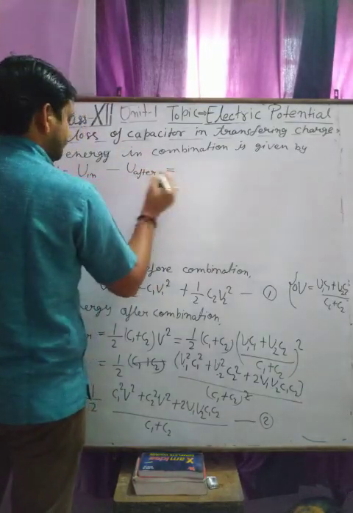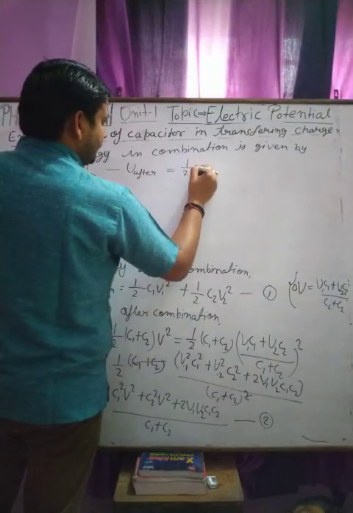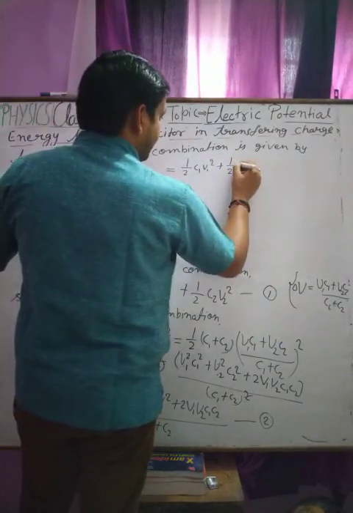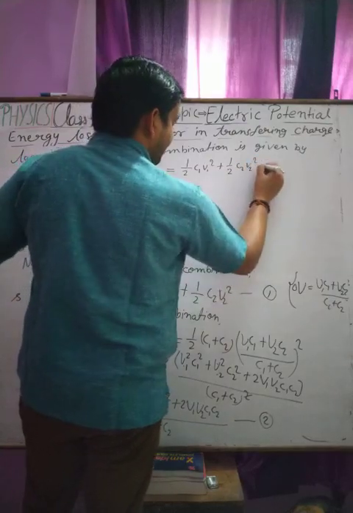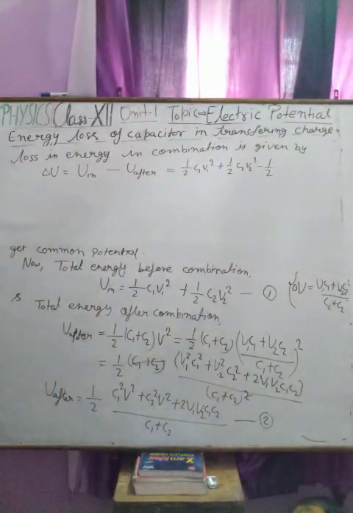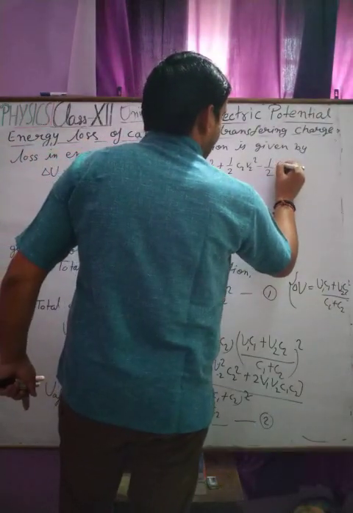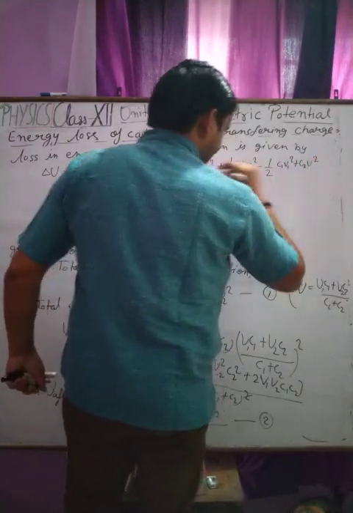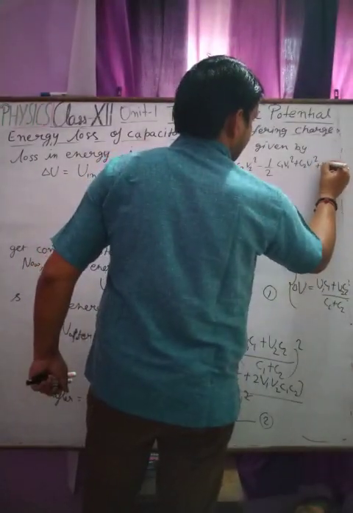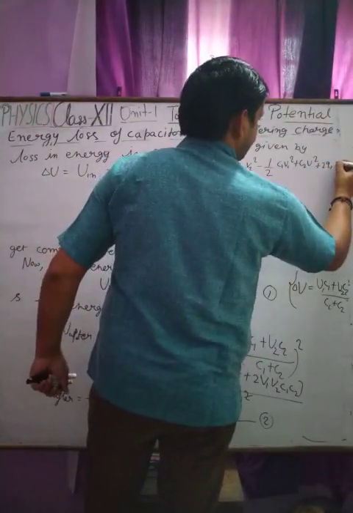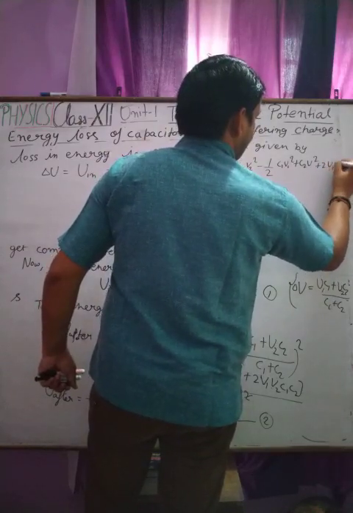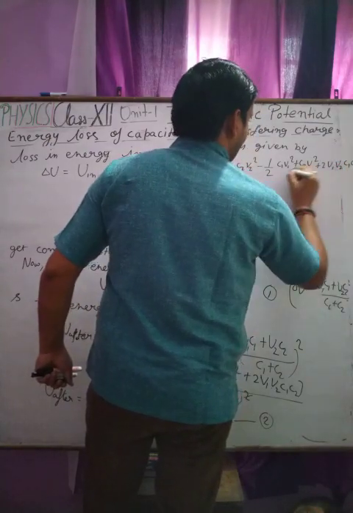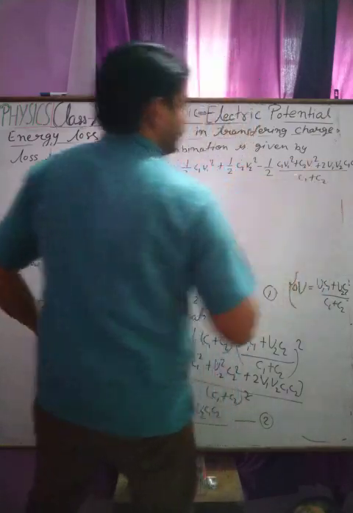That is half C1 V1 square plus half C2 V2 square, minus half C1 V1 square plus C2 V2 square plus 2 C1 C2 V1 V2 upon C1 plus C2.